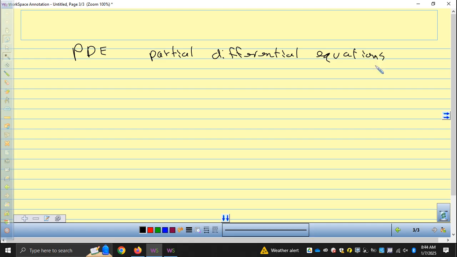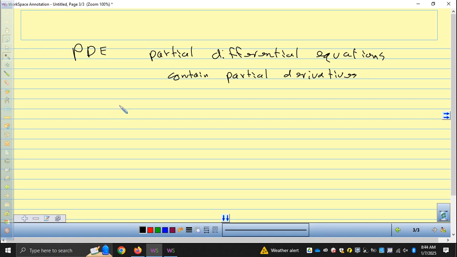And they are differential equations that contain partial derivatives. So we're taking the derivative of some function with respect to x and y, or more variables than that, depending on the function.